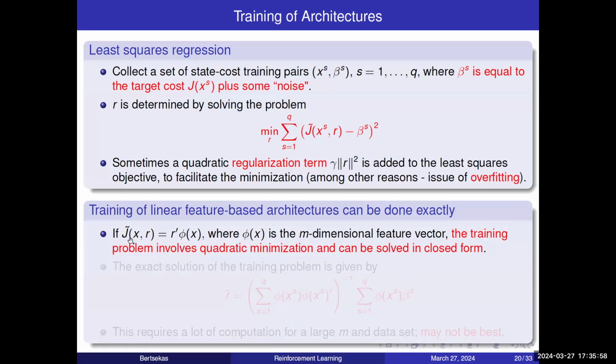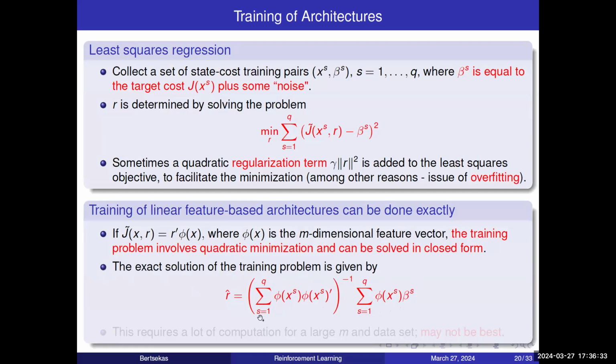If J tilde equals r prime φ(x), where φ(x) is the m-dimensional feature vector, the training problem involves quadratic minimization and can be solved in closed form. This closed form formula is given by this equation, where it involves the inverse of a matrix and then multiplying by this vector.